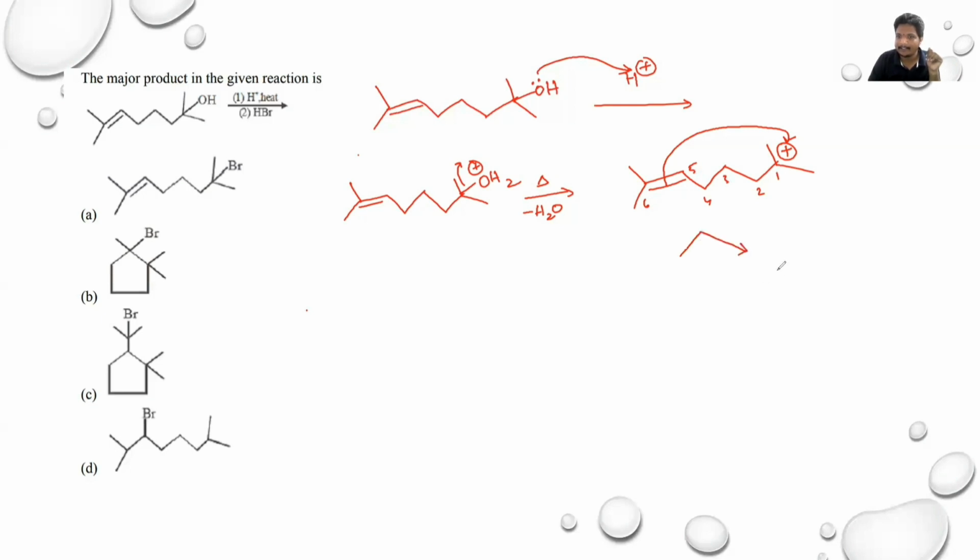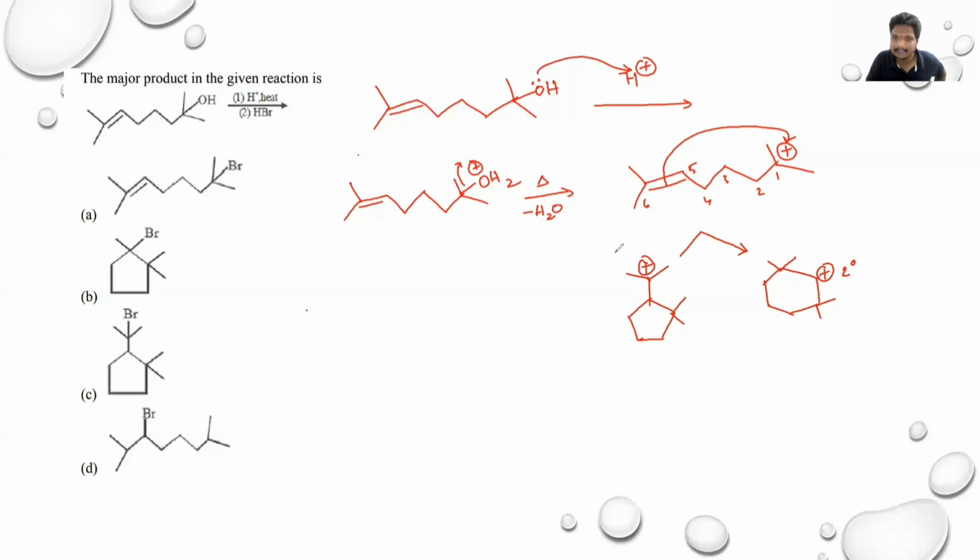One is a 6-membered ring, this one, and another one is a 5-membered ring, this one. If you observe, this is a secondary carbocation.